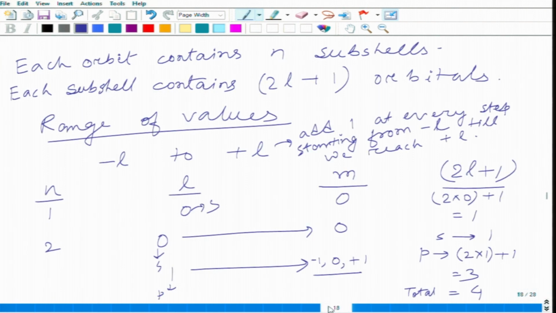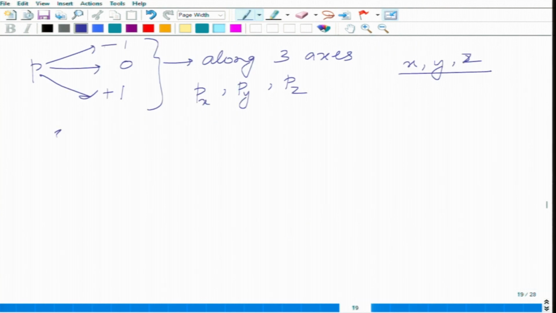Now since s had only one orbital, we denote the s subshell by one box, that is one orbital. Since p has 3 orbitals, we denote it like this, 3 boxes.